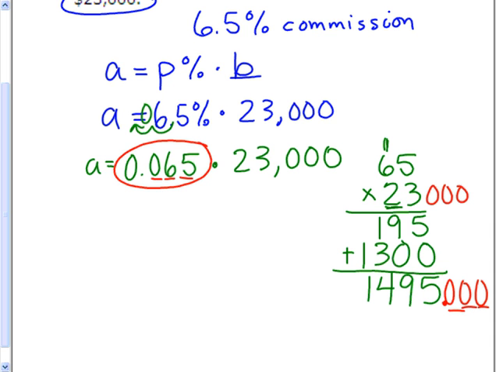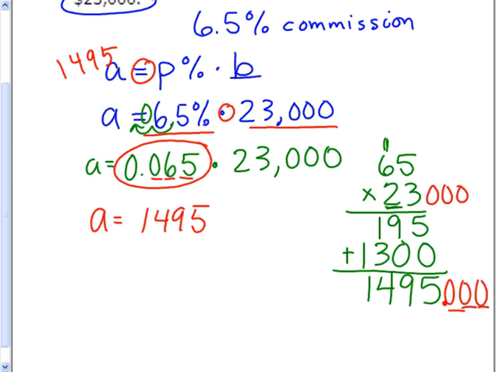So I'm getting A equals 1,495, which means that 1,495 is 6.5% of 23,000, which means that is the amount of money this salesperson is going to make if he or she sells a car for $23,000. So there's another example. Hopefully that's going to help you. Go ahead and give checkpoint number 3 in your note-taking guide a try.